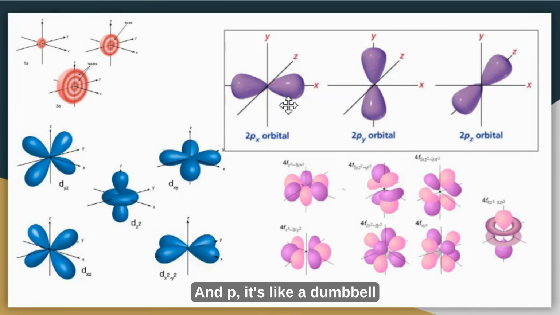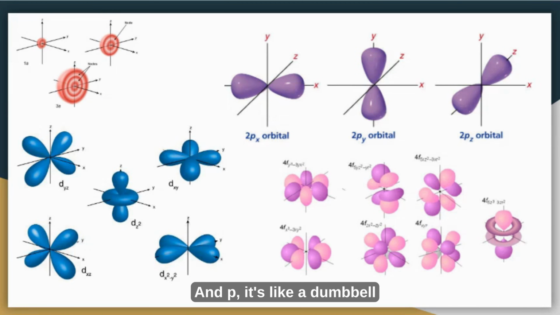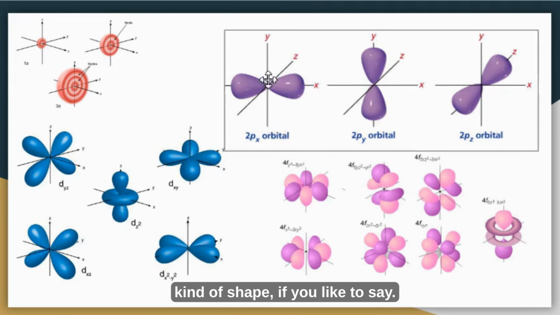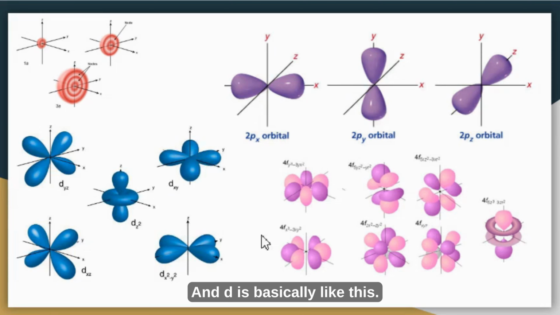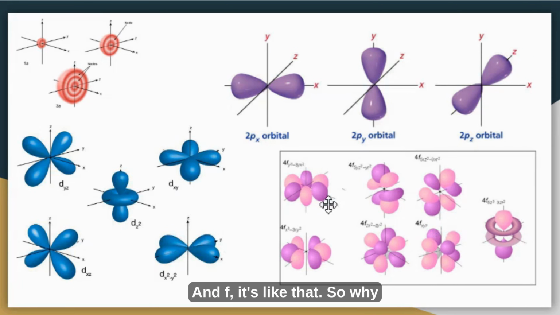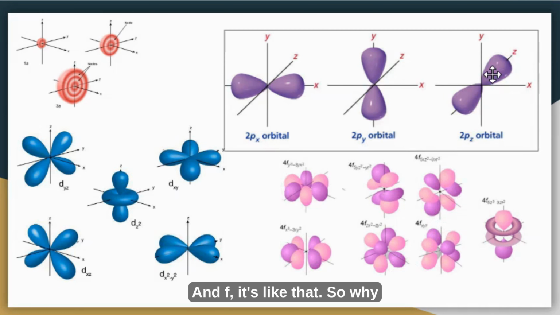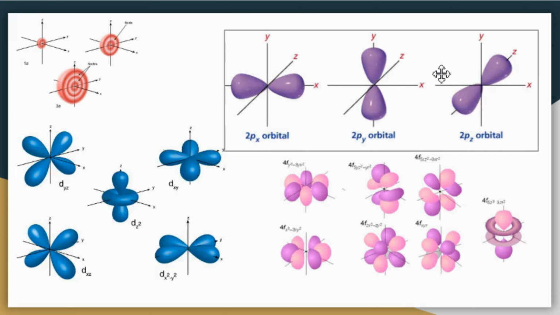And P is like a dumbbell kind of shape, if you like to say. And D is basically like this, and F is like that. So why is that kind of shape created? This is because of the force between the electrons.